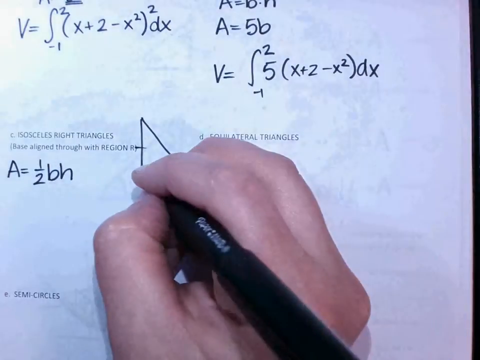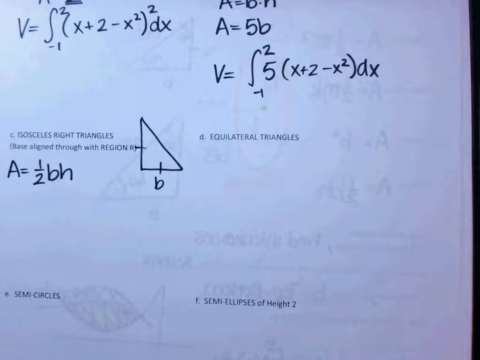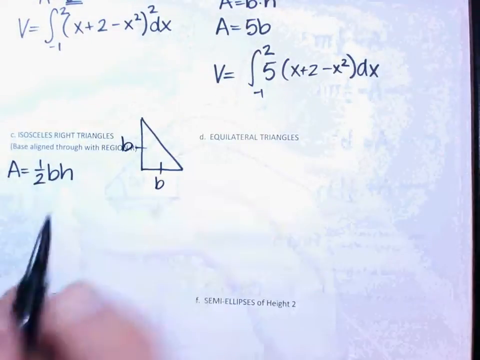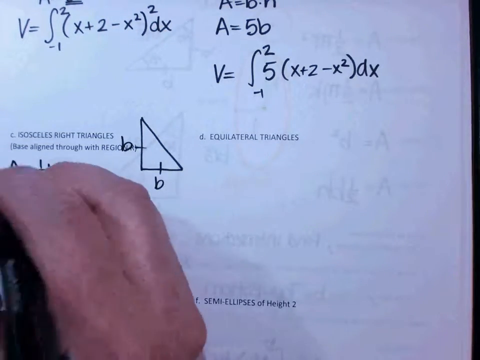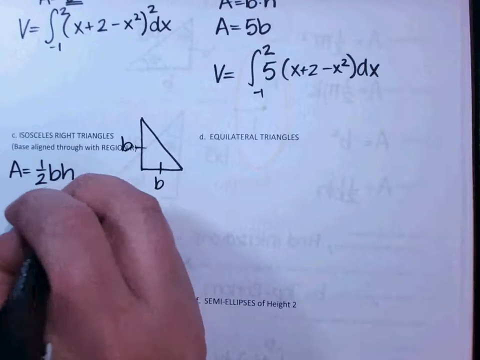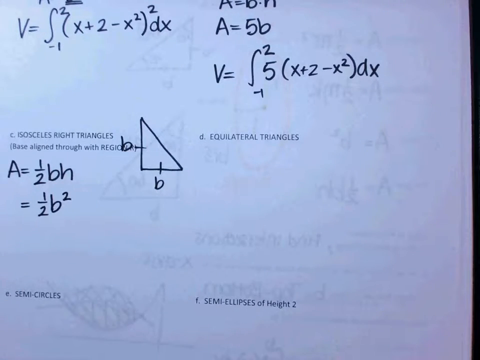So if this is the base, what could I call the height? If they're the same, base. So how could I make this formula a little bit easier to take the h out? 1/2 base squared. But why can I call it base squared? Because if it's isosceles, those two sides match.